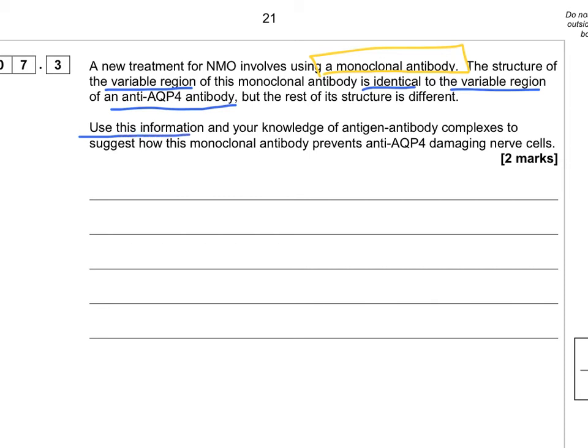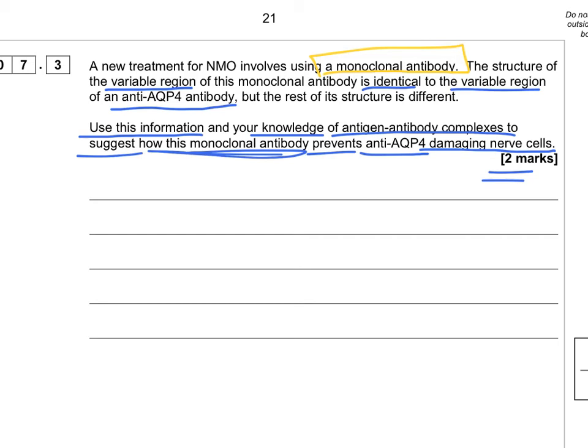Use this information and your knowledge of antigen-antibody complexes to suggest how this monoclonal antibody prevents anti-AQP4 damaging the nerve cells. Only just 2 marks, all that information, and they want 2 marks worth.